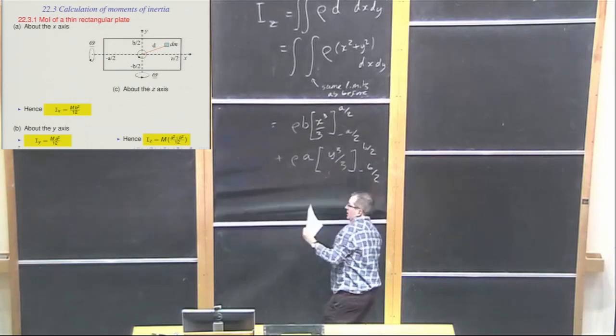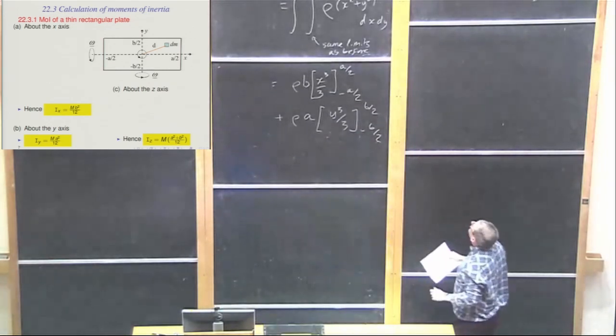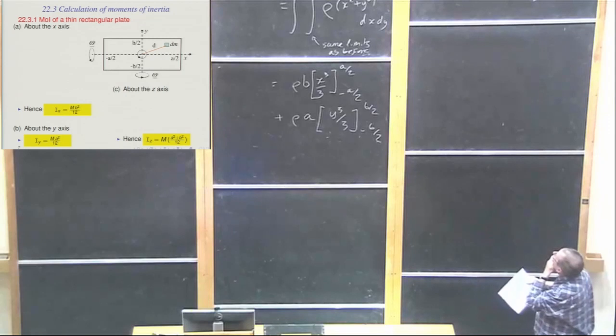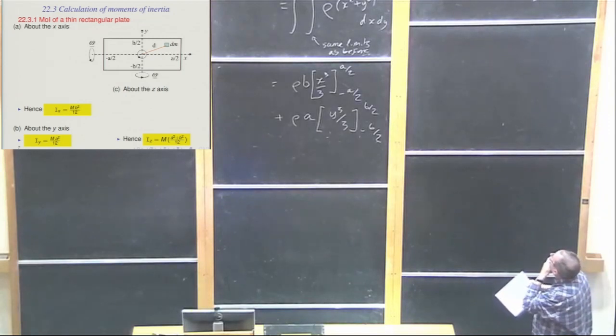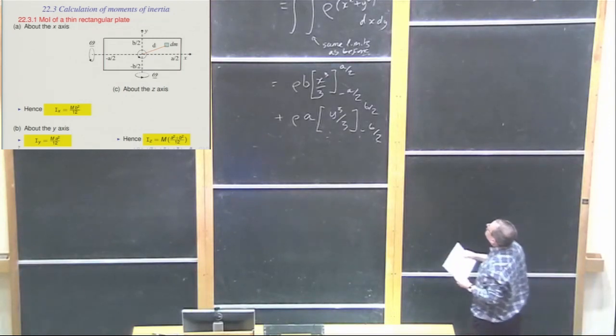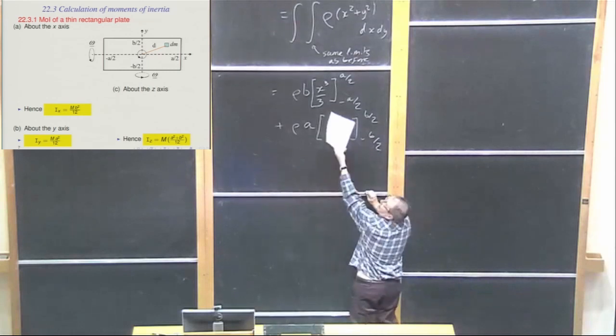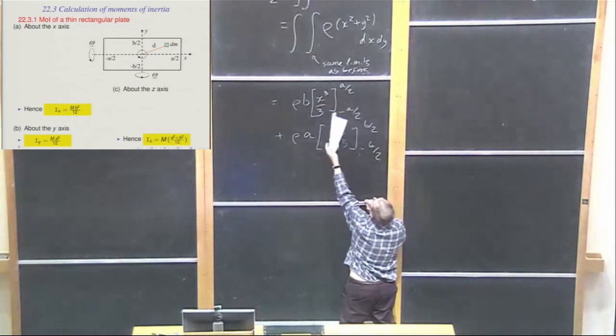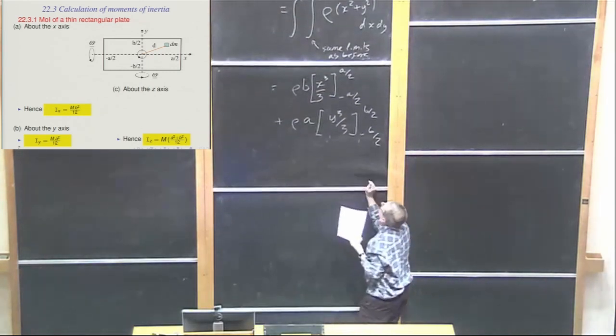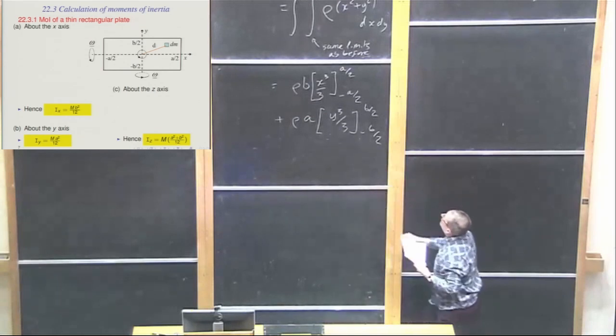Just check that. Yeah. So this is the integral of the x, and the integral of the y for this term trivially gives me the b, and vice versa for the other term.